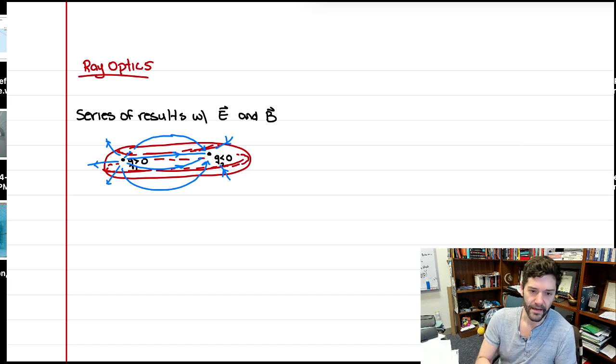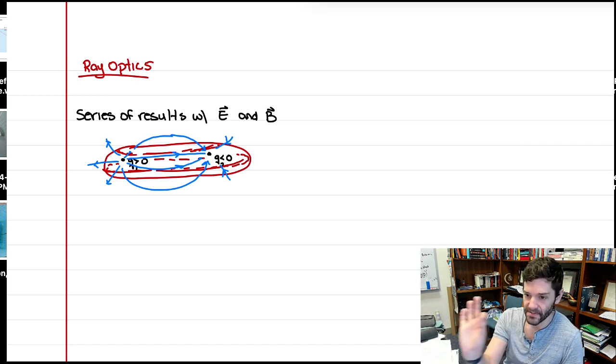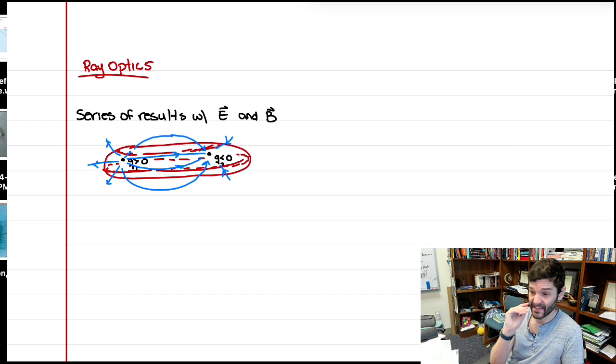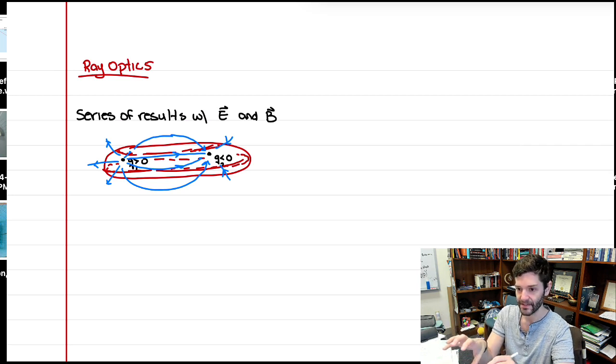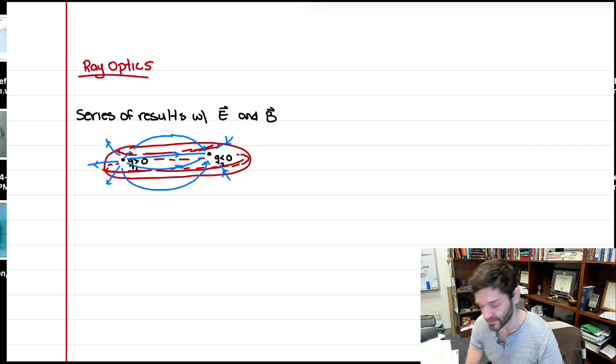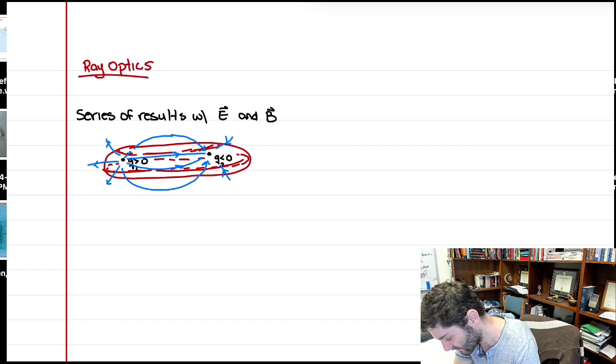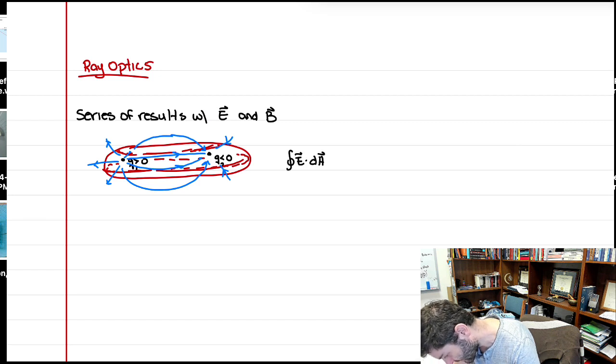But we saw that the charges can act as sources and sinks for the electric field lines. And if you were to, in a sense, count the electric field lines that are piercing through the surface, we can now more formally say that as we're talking about counting the electric flux that goes in and out of the surface we've drawn, there was a relationship called Gauss's law that said, I look at the electric flux through this surface that I've drawn in red.